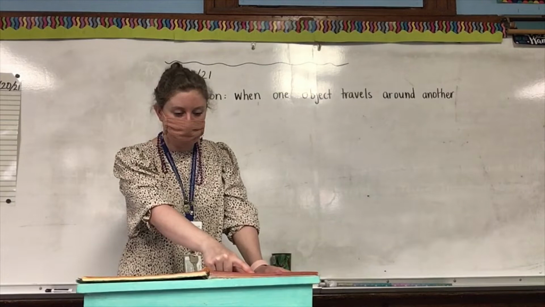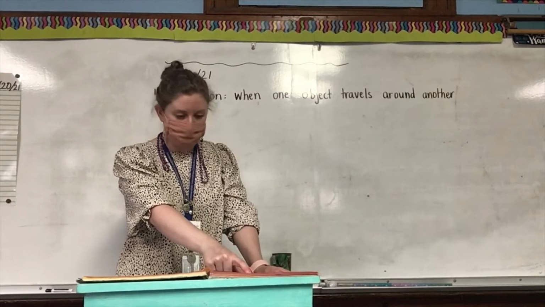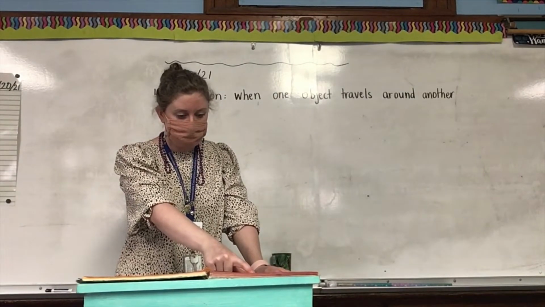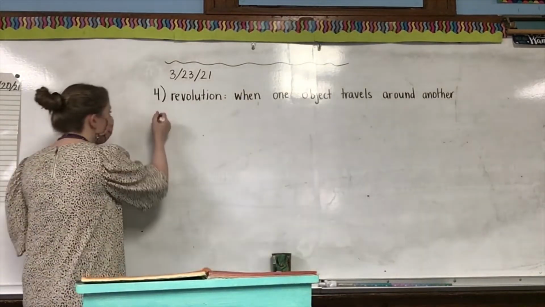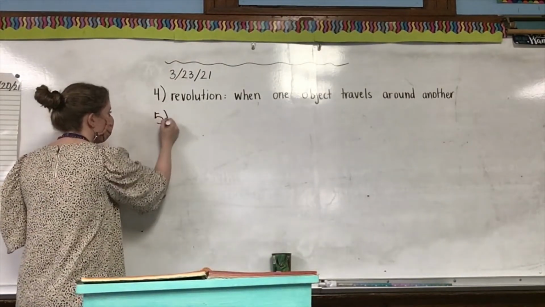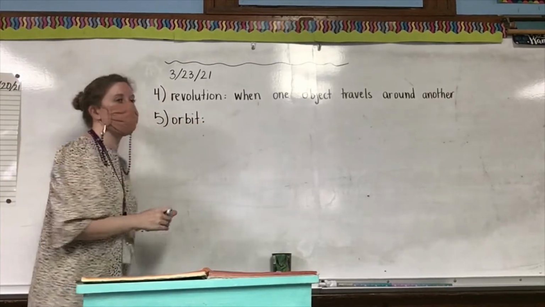The path a revolving object takes is its orbit. So what's our next word, Ethan? Orbit. And what is an orbit?